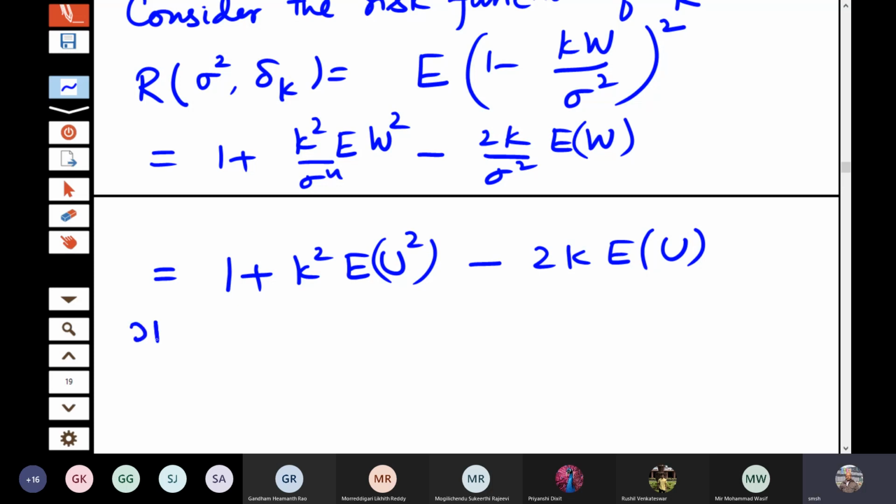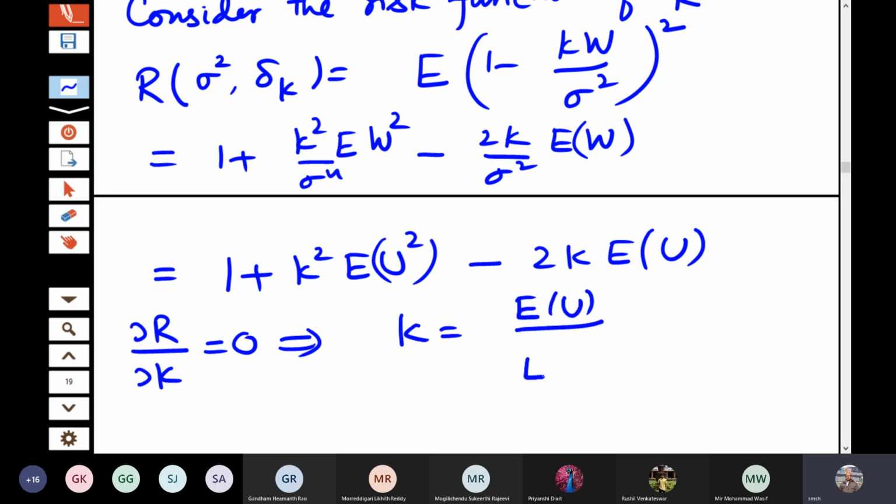So the minimization, again you can look at that the multiple of K square is positive, therefore it's a convex function, and therefore the minimization will occur at the derivative equal to 0. So this gives you K equal to expectation of U divided by expectation of U square, because you will get 2K expectation U square minus twice expectation U is equal to 0.